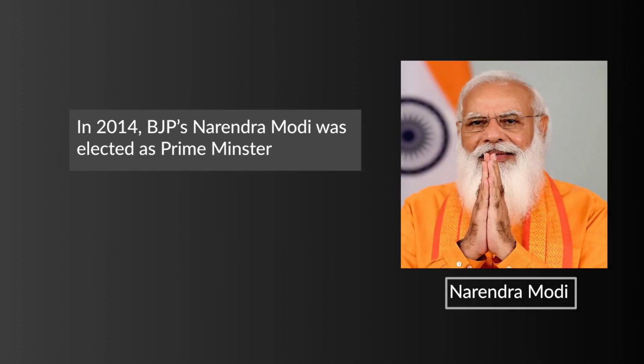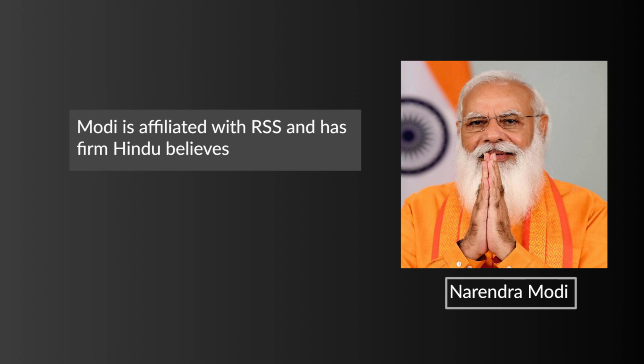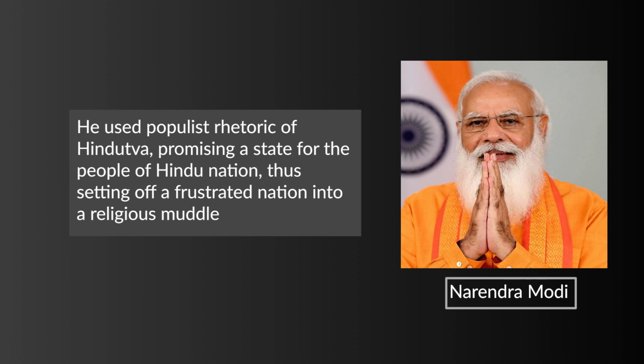In 2014, BJP's Narendra Modi was elected Prime Minister. Modi is affiliated to the RSS and has firm Hindu beliefs. He used the populist rhetoric of Hindutva, promising a state for the people of the Hindu nation.